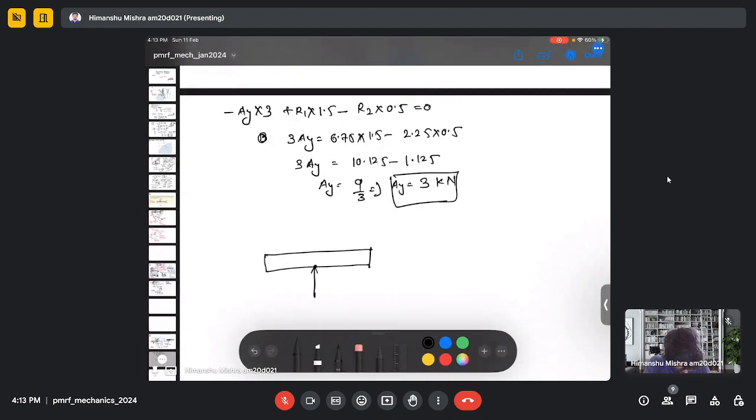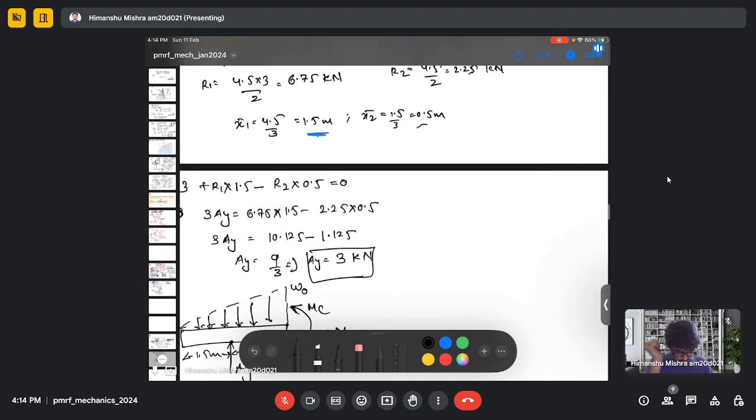So this is AY, this is C, this is VC, this is my horizontal, and this is moment at C. And there is some load which is linearly varying, and this is my W naught, let's say, and this is 1.5 meter, this is 1.5 meter.